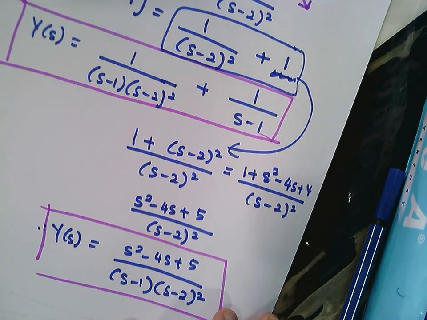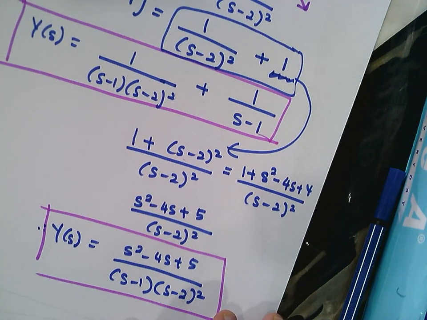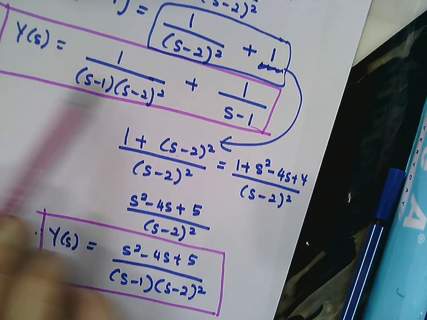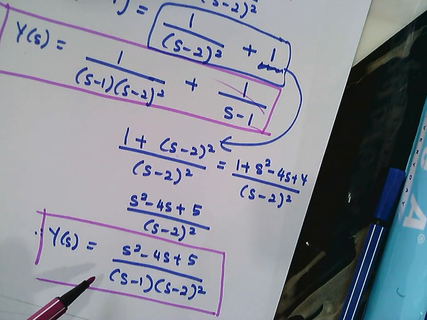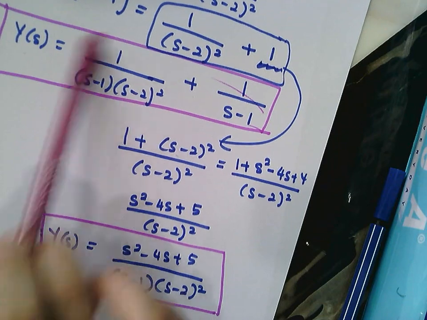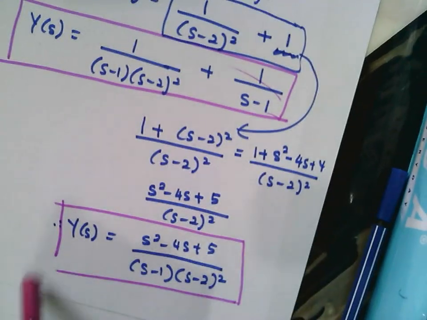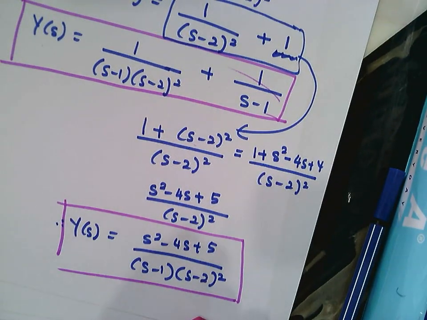If you use Y(s) in this form or Y(s) in this form, you cannot compare the values of A, B and C for partial fraction because you won't get the same answer. Okay, but don't worry, as you find your y(t) at the end, you will have the same answer.